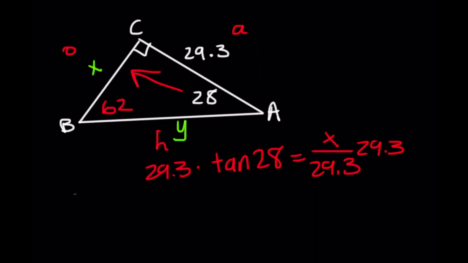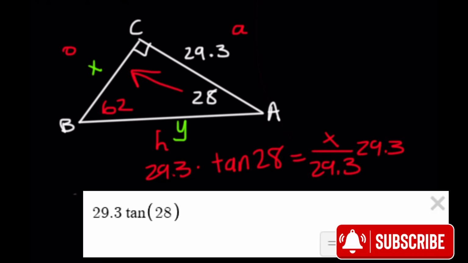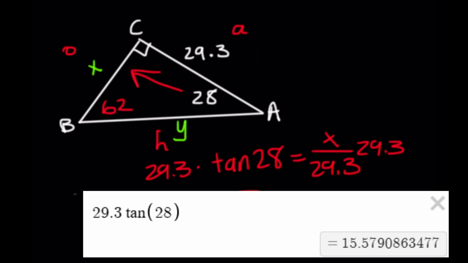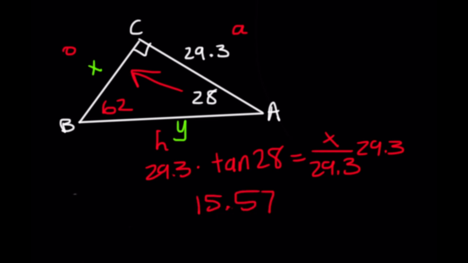That's going to give us 29.3 times tangent 28. And that's going to give us 15.57 or 15.6. So we're going to write this up here. X equals 15.6.